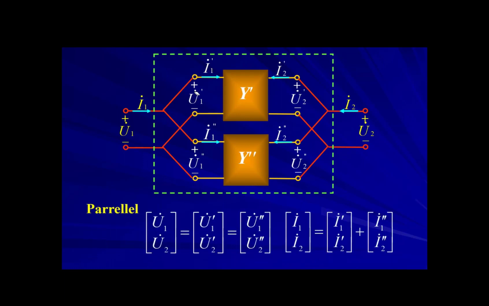When connected in parallel, this U1 equals this U1, and this U2 equals this U2. But the total current will be the sum of the P1 current and the P2 current.